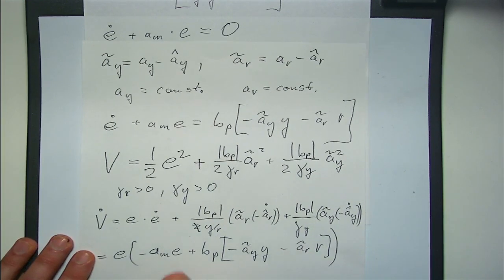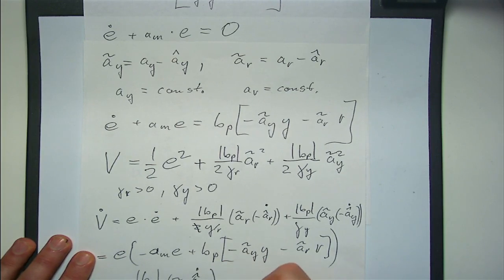And there we have this minus BP over gamma R, and there we have AR tilde times AR hat dot, plus obviously a minus BP over gamma Y, AY tilde times AY hat dot.